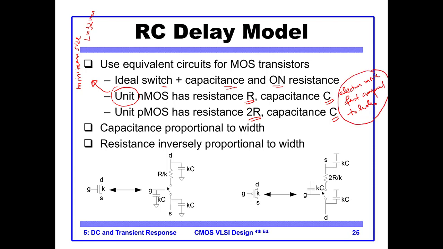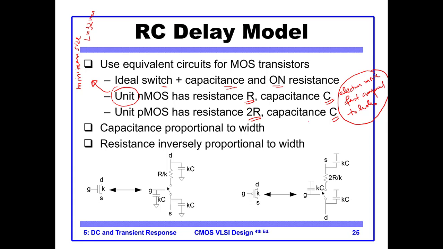So in NMOS, the majority carriers are electrons, so they move fast. In PMOS, the majority carriers are holes, so they move slowly. Okay, and the slow movement is modeled as a higher resistance.